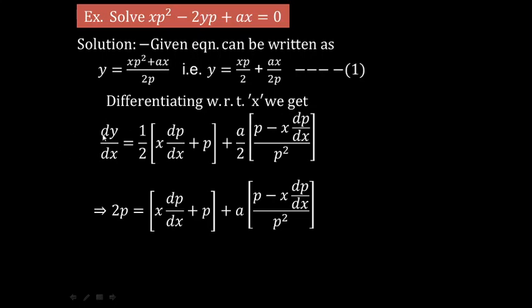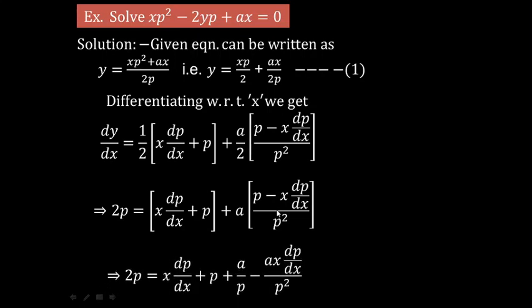As we know, we denote dy by dx by p, and we find that 2 is common on the right hand side. So let's multiply by 2 and denote dy by dx by p. This gives us an expression of this form. Let's simplify it further. On opening all the brackets, we find expressions of such types.